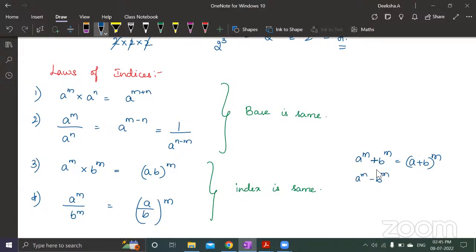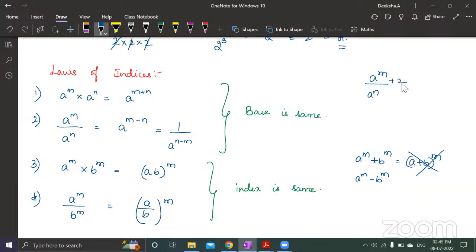Suppose you are multiplying two numbers. If you are combining two index numbers using addition or subtraction, you cannot apply this formula. You can combine the bases and write the whole power only for multiplication and division. Keep this in mind. Here also in the numerator, you have only a power m by a power n, then you can write it as a power m minus n.